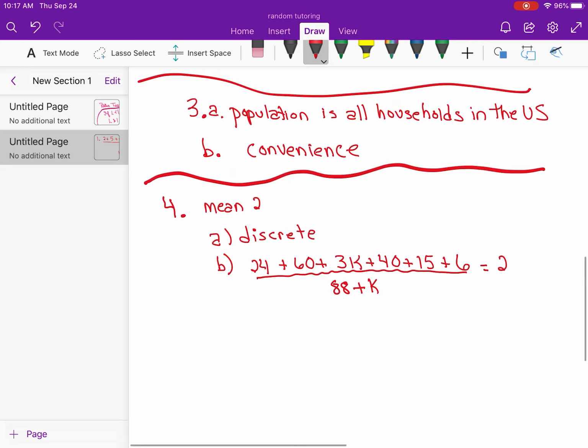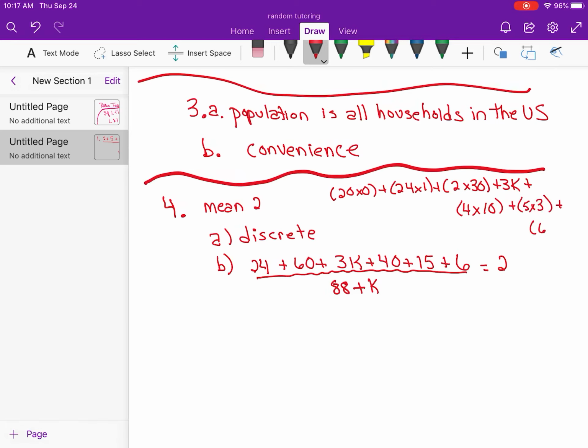So you have to remember these numbers on top are coming from 20 times 0 plus 24 times 1 plus 2 times 30 plus 3K plus 4 times 10 plus 5 times 3 plus 6 times 1.